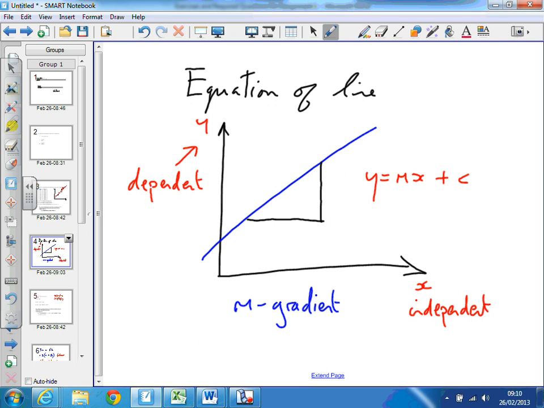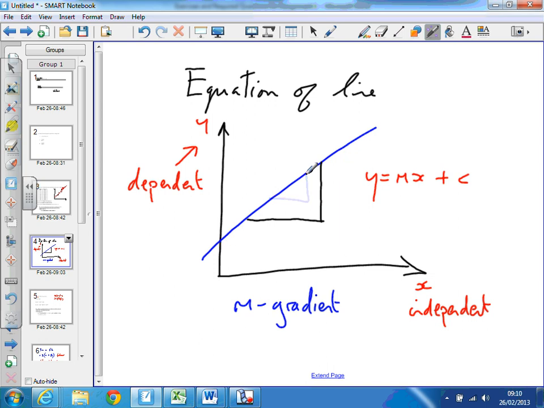It doesn't matter where I choose the points. The bigger the better. It might be that you choose to use this point because that's a nice convenient one and draw the triangle like that. Anywhere you like, you can draw a triangle. Just choose convenient points so it's easy to read off on the scale what they are.